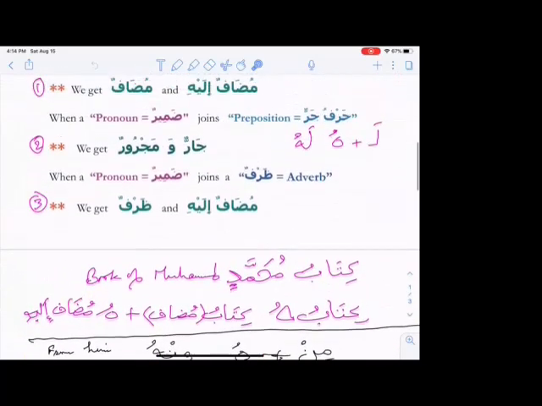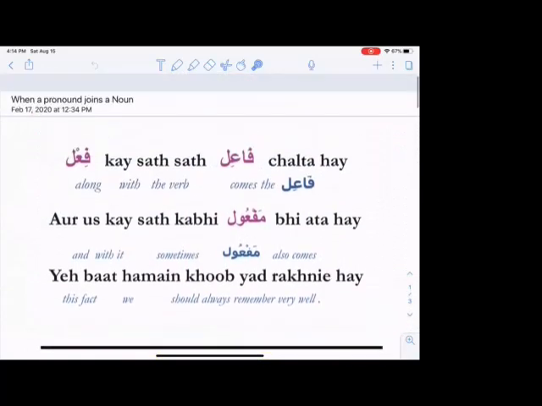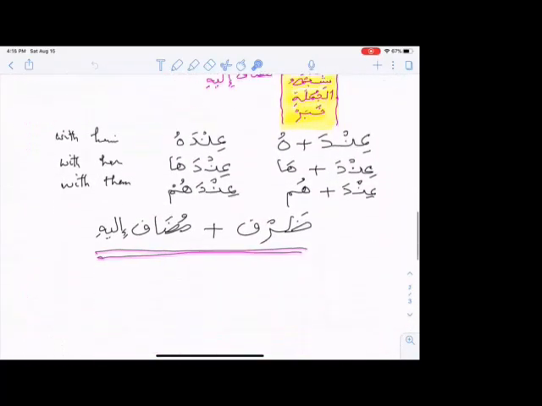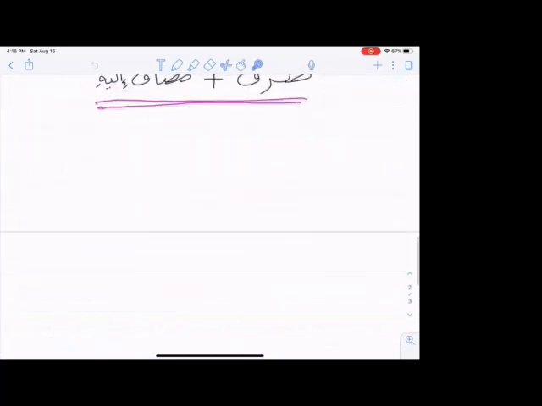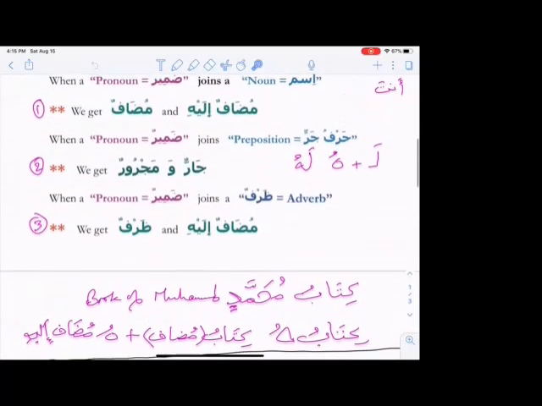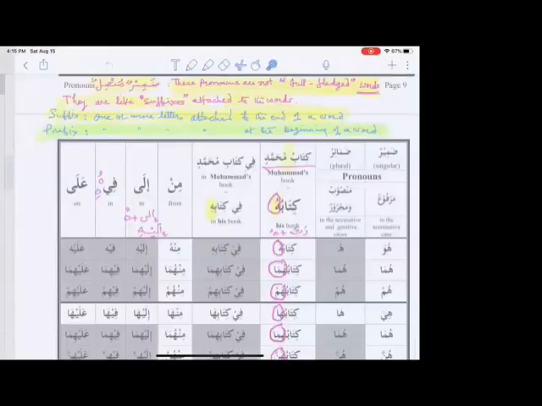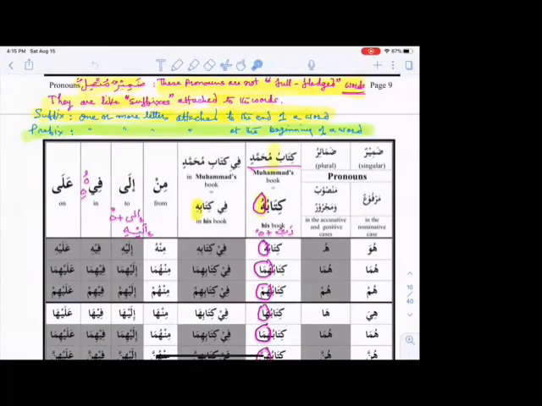So now with the help of this song, my brothers and sisters, we can go back to book 1 here. See now, I haven't told you more about the prepositions, but today I will tell you.